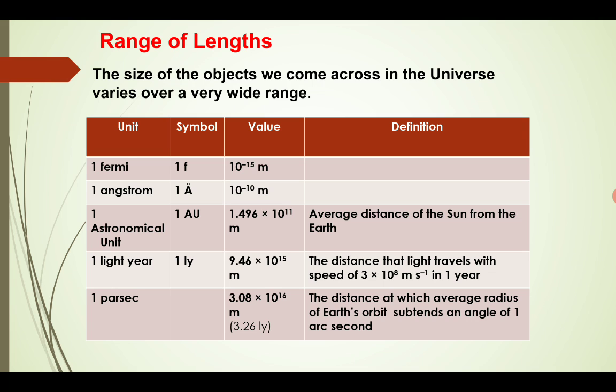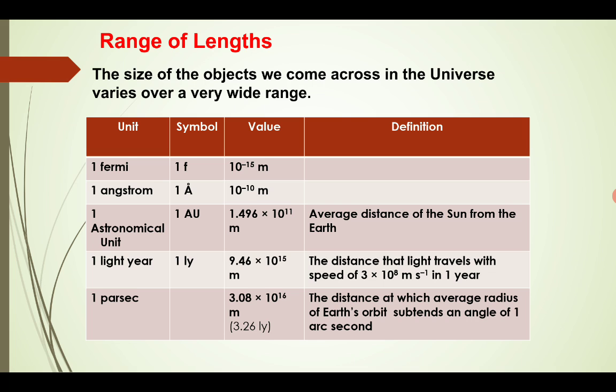So 1 astronomical unit is 1.496 into 10 raised to power 11 meter, and this is the average distance of the sun from the earth. 1 light year is 9.46 into 10 raised to power 15 meter, and the distance that light travel with the speed of light, that is 3 into 10 raised to power 8 meter per second in 1 year.